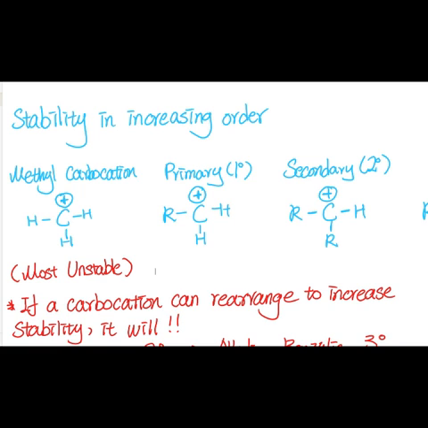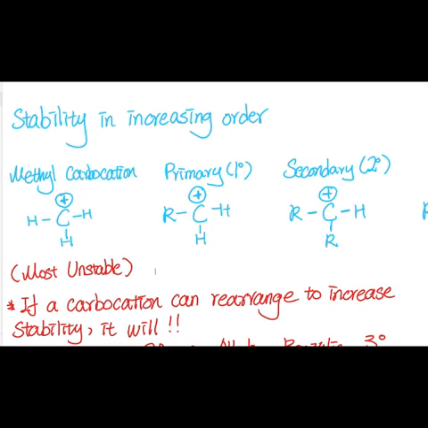Now let's have a look at the stability of the carbocation intermediates in ascending order. We start with the most unstable carbocation, which is the methyl carbocation: the carbon with three attached groups and one empty orbital. It is the most unstable one.